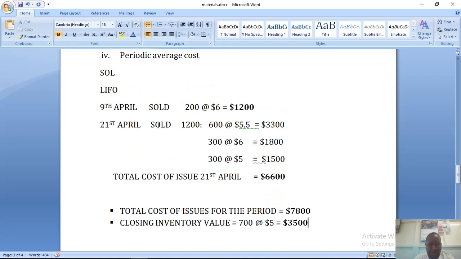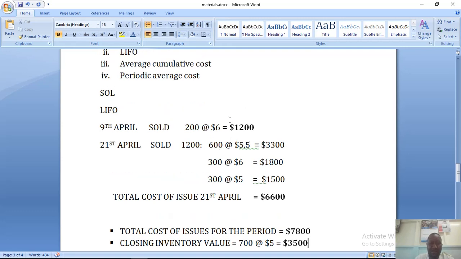So let me go through this part again. On the 9th, we issued 200 units from the latest consignment received, 500, and we have 1,200 as a cost of issue. On the 21st, we issued 1,200 units in total: 600 came from the latest, then 300 from the second latest, and 300 from the third latest inventory received.